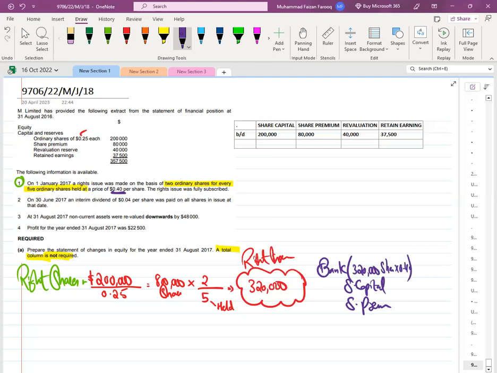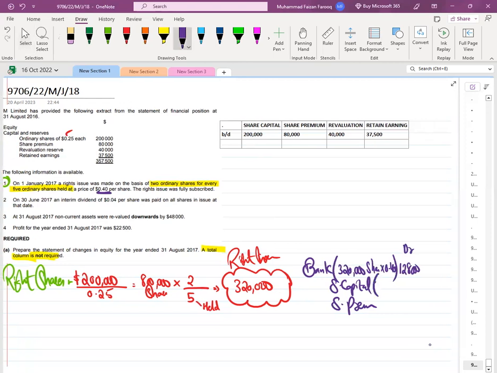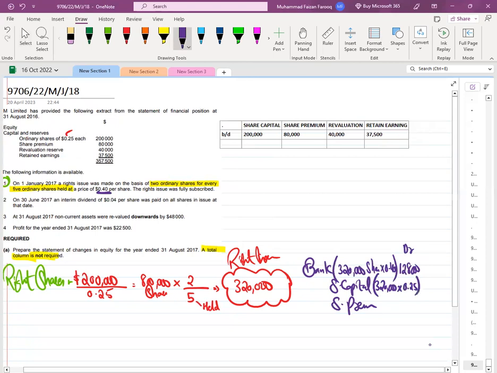How much? 128,000. This is debit, correct? Share capital is recorded on credit, but it's always on the par value. Am I right or wrong? What is the par value in this question? 0.25.